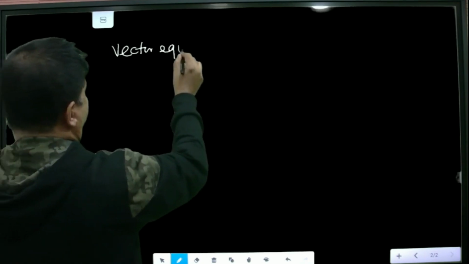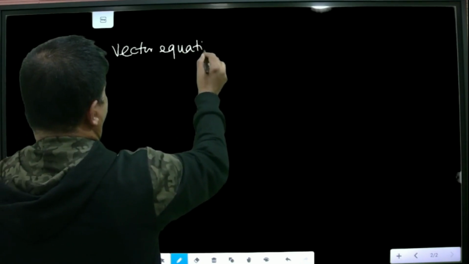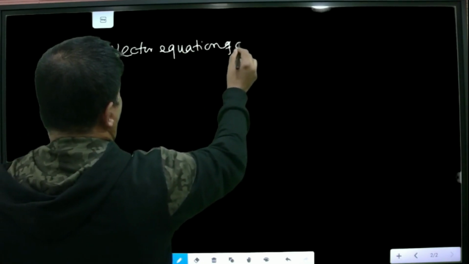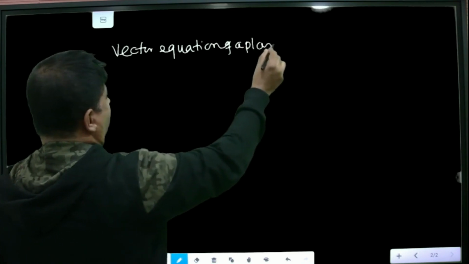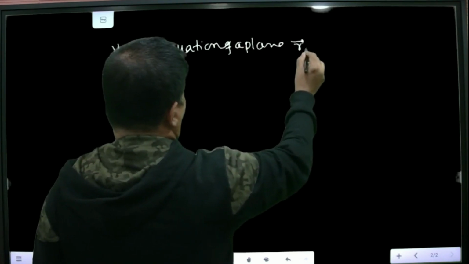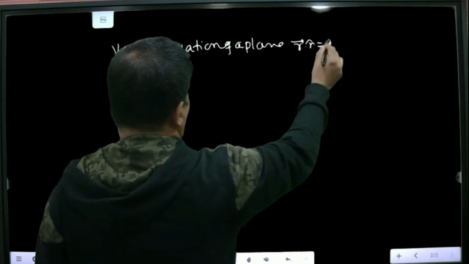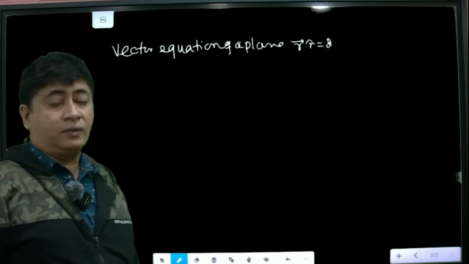We have come to know, therefore, vector equation of a plane, R dot n cap is equal to D. What is D?